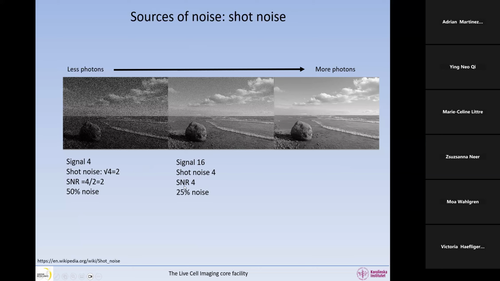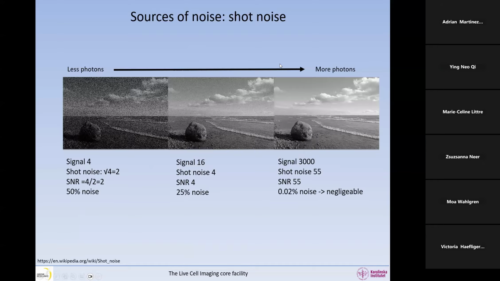And therefore, the signal to noise ratio is going to be 4. Now we have 25% noise simply by improving the signal. And because the shot noise has a square root relationship with the signal, we have improved our signal to noise ratio. And in this image where we have a very strong signal, the shot noise is only 55 compared to 3000 in the signal. And therefore the signal to noise ratio is going to be 55. We have 0.02% noise, so this is negligible.